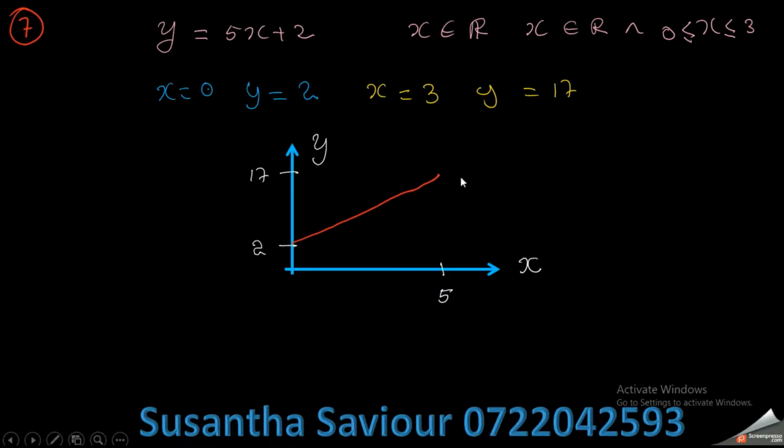Here these 2 points are included because these are included in the domain. So our range will be from 2 to 17 inclusive. This is our range. Is it clean and clear for you?